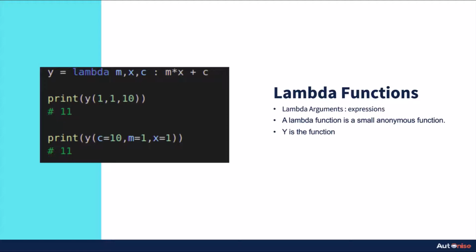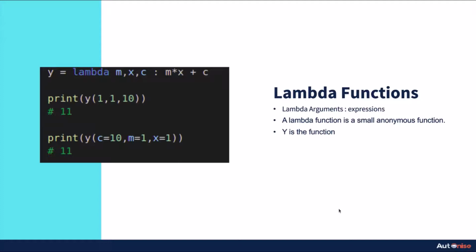Like the line is a simple expression. You don't need to create a whole function to get the y value for every x in a line. So we can write a lambda function instead of the whole defined function, and we will have the same function which we want. Functions defined using the lambda keyword are known as lambda functions.